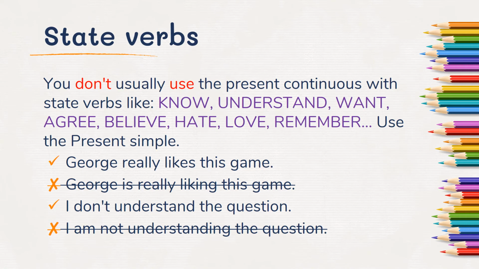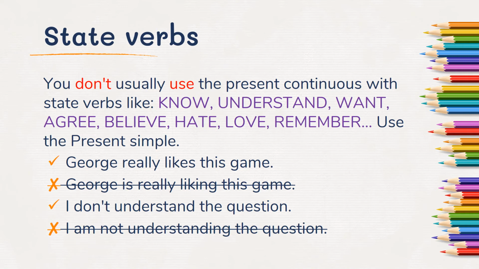This same thing stands for the verbs know, understand, want, agree, believe, hate, love, remember. All these verbs are the so-called state verbs. Unfortunately, you have to remember all these ones, and to remember that in such situations, when you have these verbs, you have to use the present simple.